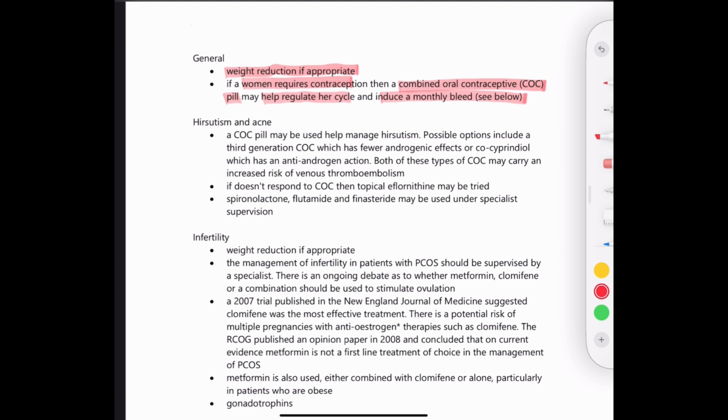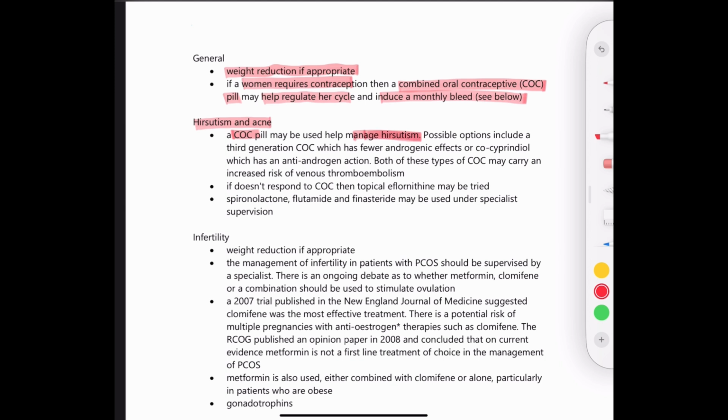Because there will be a problem in the menstrual cycle. Correct. Now, hirsutism and acne, I already told you. There is growth of hairs on the face; in females, there is some increased hair growth. Okay. Now, the oral contraceptive pill may be used to manage hirsutism.